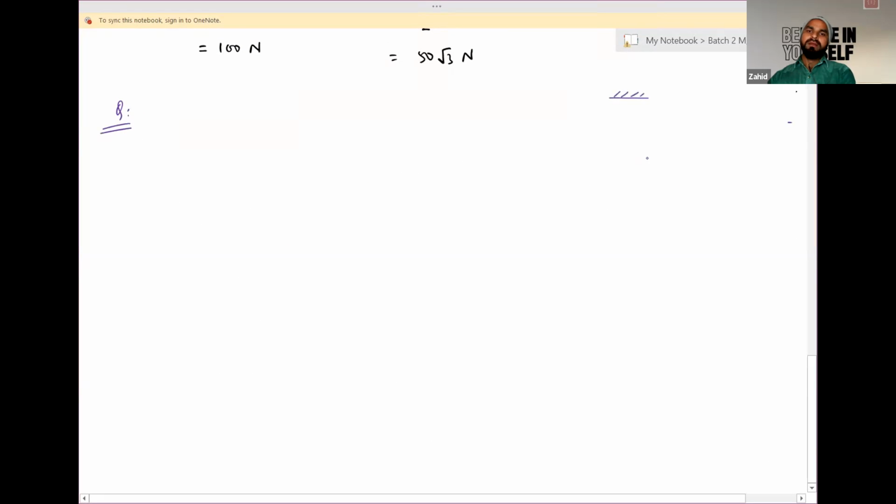Suppose a string having mass m is initially along this direction. Now force is applied to bend it like this. Force is 40 Newton. Mass of this block is 3 kg. So you have to find this theta.